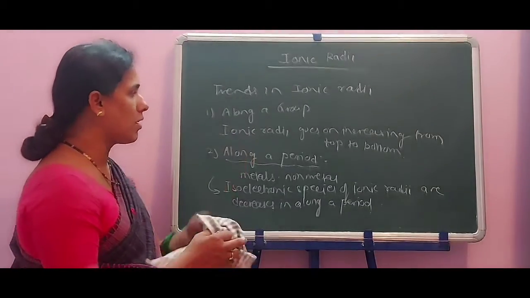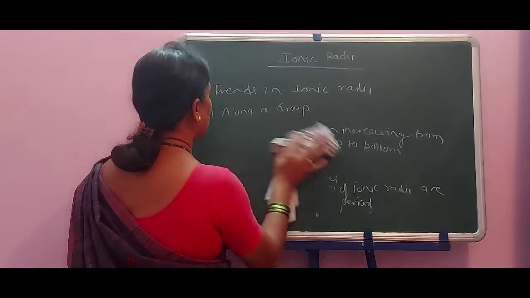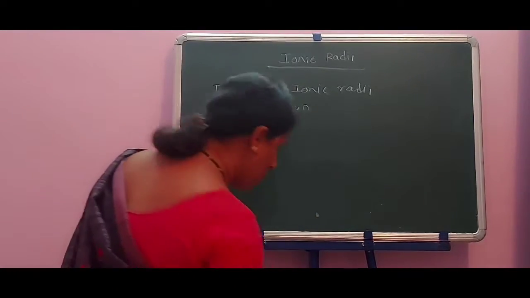Now we will discuss what the values of ionic radii are along a group.